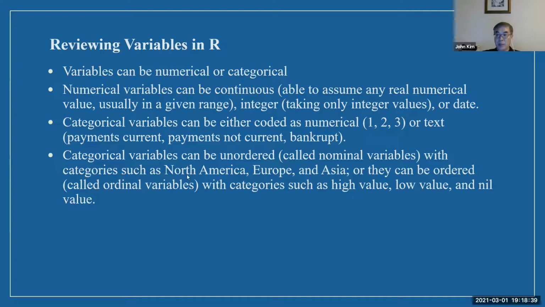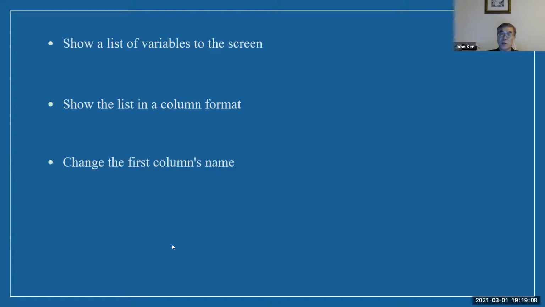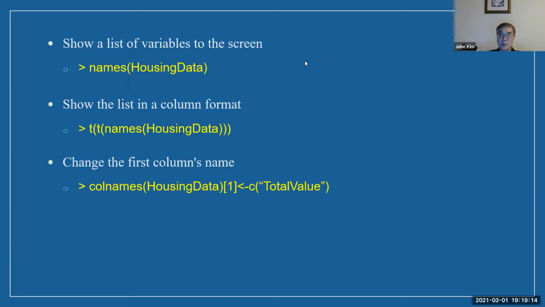But like North America, Europe, Asia, or like states in New York, New Jersey, Pennsylvania, there is no rank, there is no order, that is nominal, and then if there is a rank, order, ordinal variable. Show a list of variables on the screen. So look at the column names. So names and then data set.